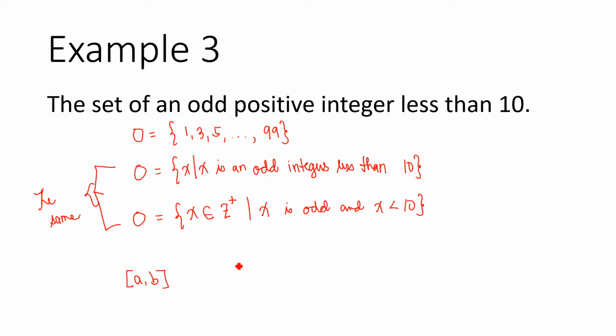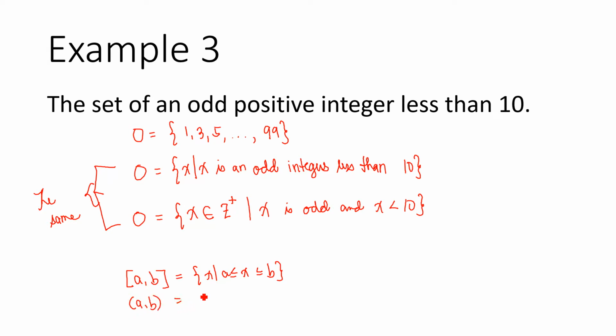These symbols imply that the elements here are x such that x is greater than or equal to a, but less than or equal to b, which is called a closed interval.